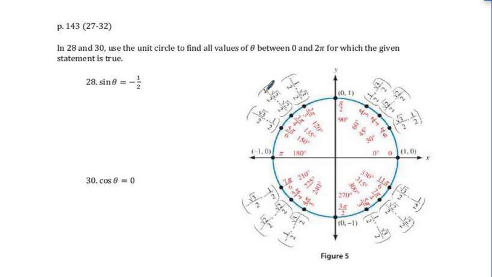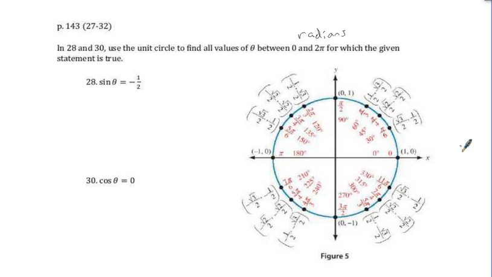Questions like 28 and 30 are pretty simple with this definition of the unit circle, because if I know sine of theta is negative a half, and I want to find the angle between 0 and 2 pi, this is telling me that they want the answer in radians in those directions. So I'm going to look for where sine is negative a half.